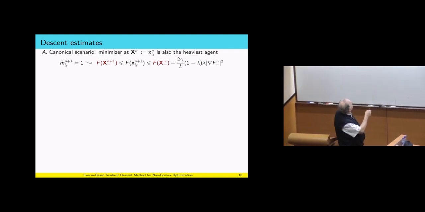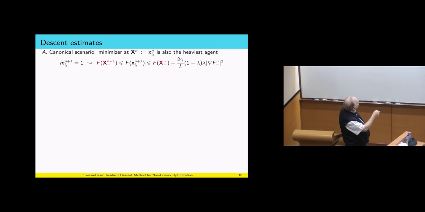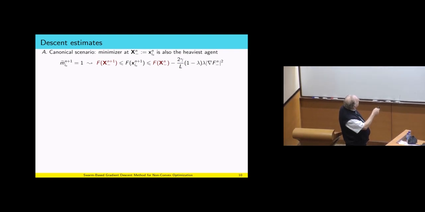You see, the canonical scenario is that the minimizer, which I always denote by minus here, x minus n is the minimizer at time stage n, is also the heaviest. So you remember we have to take here the relative mass. Well, the relative mass for the heaviest is 1. So clearly, we know that at time n, we dominate with this kind of descent.